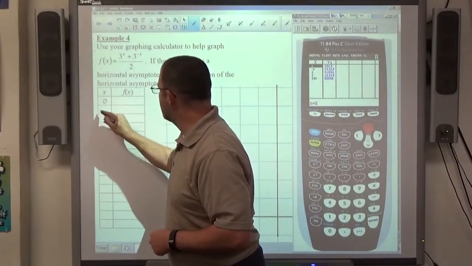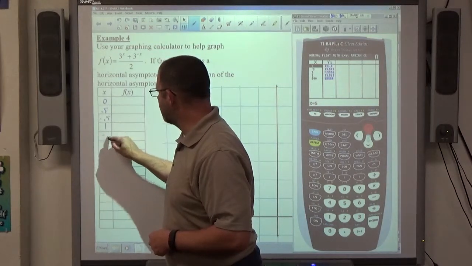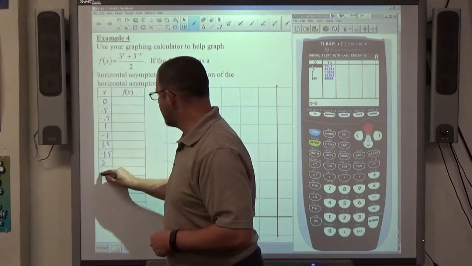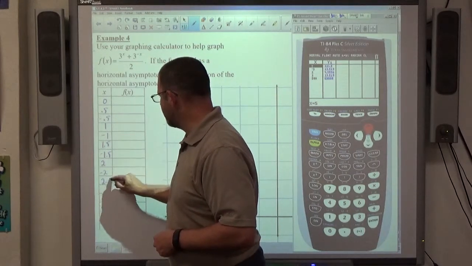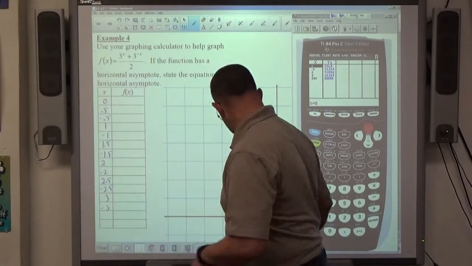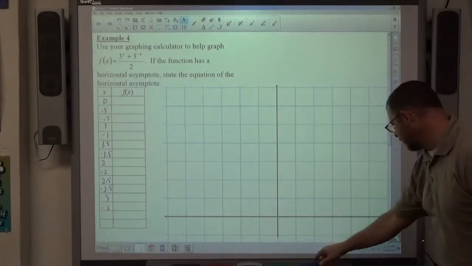So 0, 0.5, negative 0.5. 1, negative 1. 1.5, negative 1.5. 2, negative 2. 2.5, negative 2.5. 3, negative 3. And that's all I really have room for. Again, I'm going by a 0.5 scale.